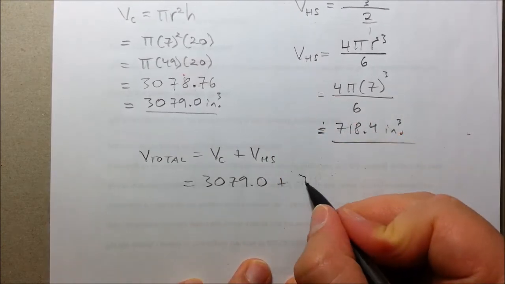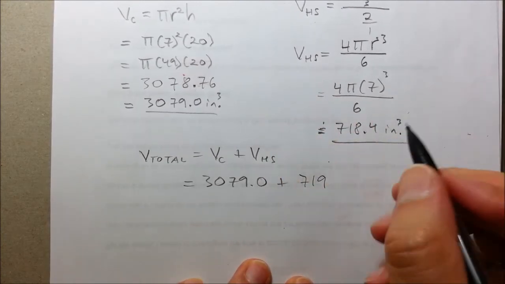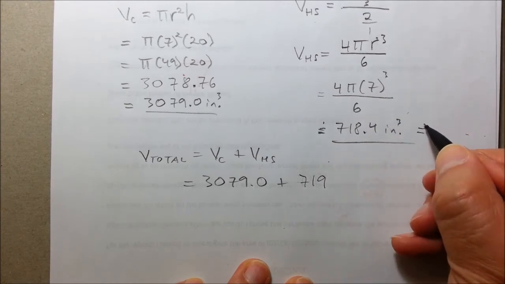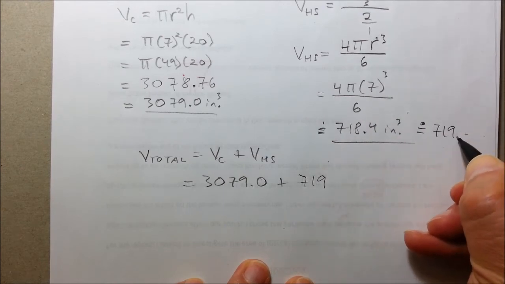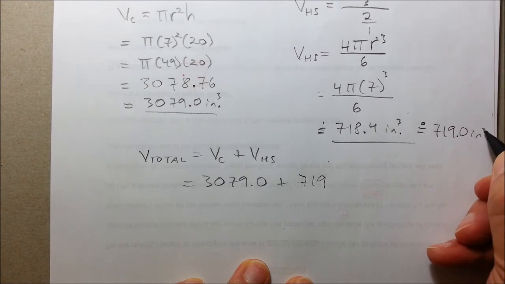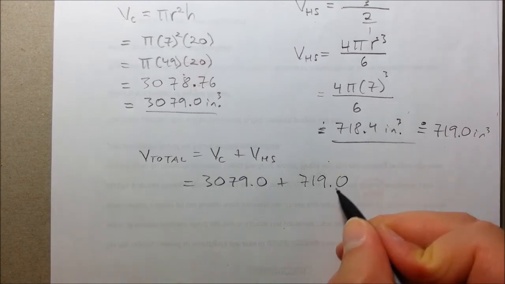I'm rounding it off to 719. Actually, I should have written that down here, 719. I'm just rounding it off. All right, let's add these two.